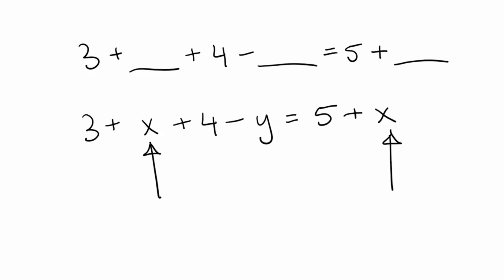But if I know that they're both x, then that means they both represent the same number. And that's something that you can't do with blanks. When you have blanks, you don't know which numbers are the same and which numbers are different. But when we use variables, then I know that those two numbers represented by x are both going to be the same number. So that's something that's pretty cool about variables.